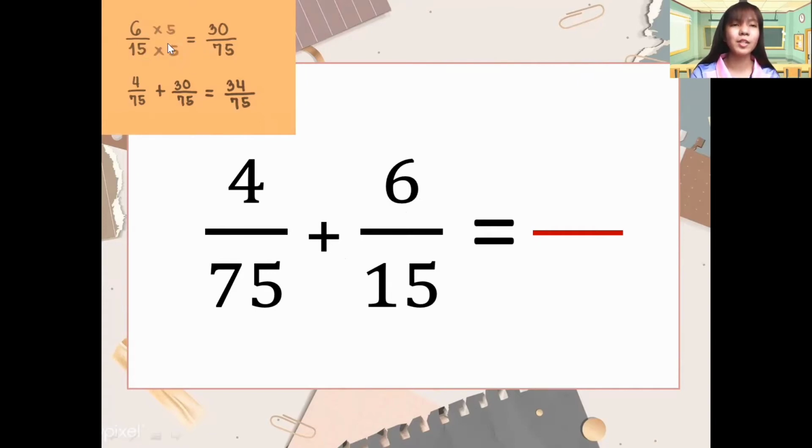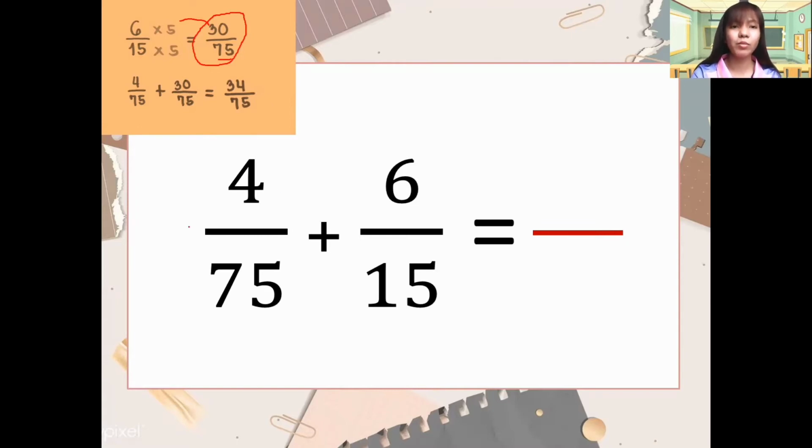So whatever number you multiply in the denominator, you have to do the same in the numerator. So 15 times 5, 75. Alright? And then 6 times 5, 30. Okay? So now, from 6/15, it becomes 30/75. Okay, now we can add because we now have the same denominators.